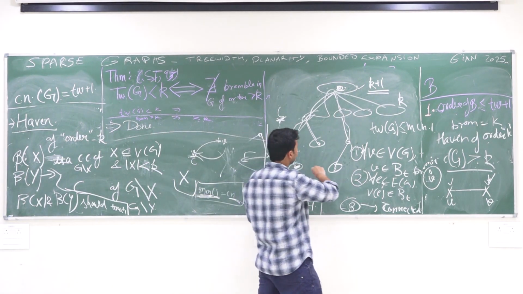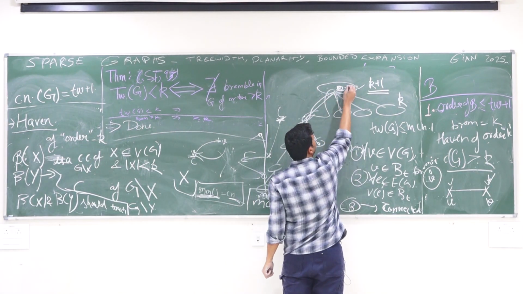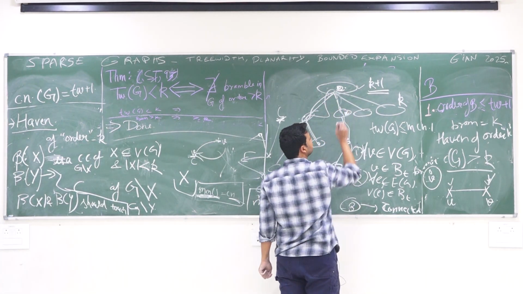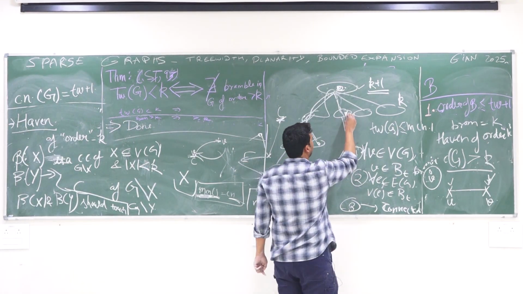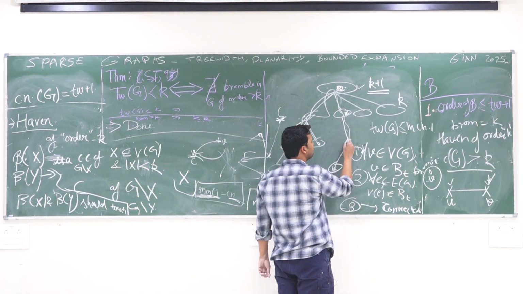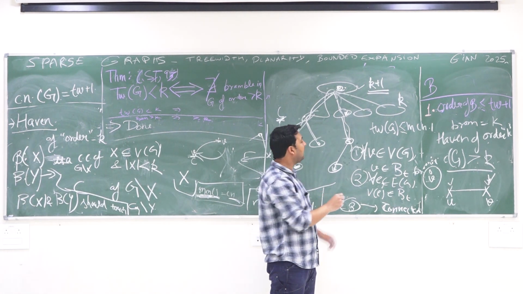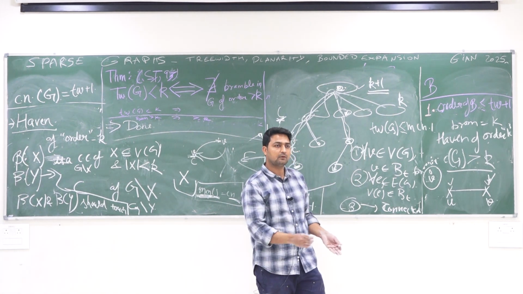So if in this particular branch, let's say I shoot at a vertex B, I shoot it here and I shoot it here, then by definition I need to shoot here as well. I need to be present at this vertex.